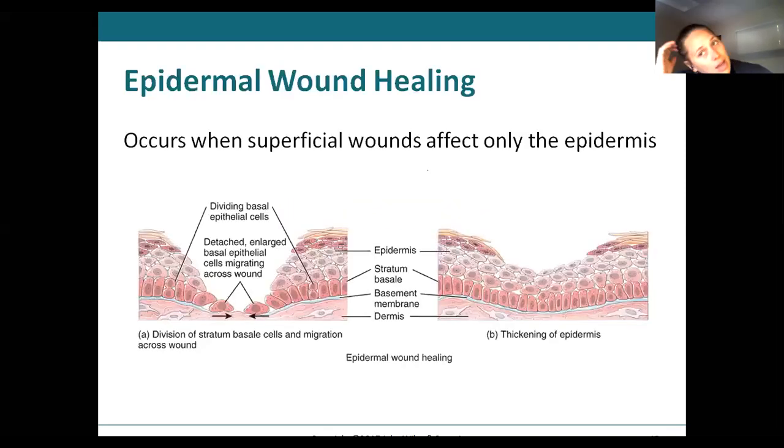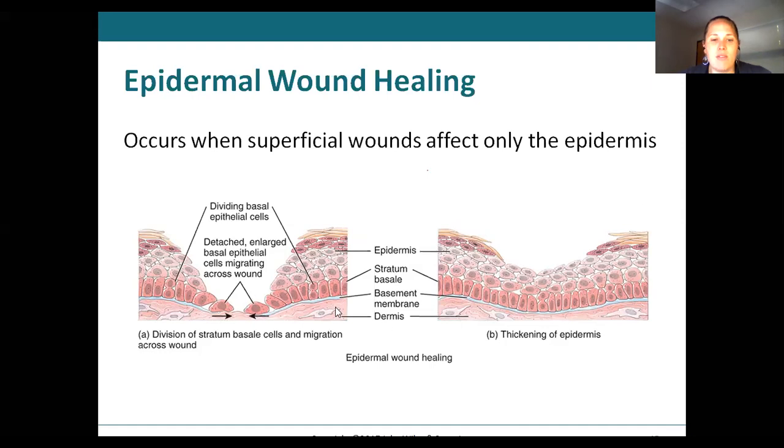If we look at different types of wound healing, wound healing is going to depend on how deep the wound is. Superficial wounds, for example, if you have a paper cut or something that slices the very surface of your skin, are considered superficial wounds.